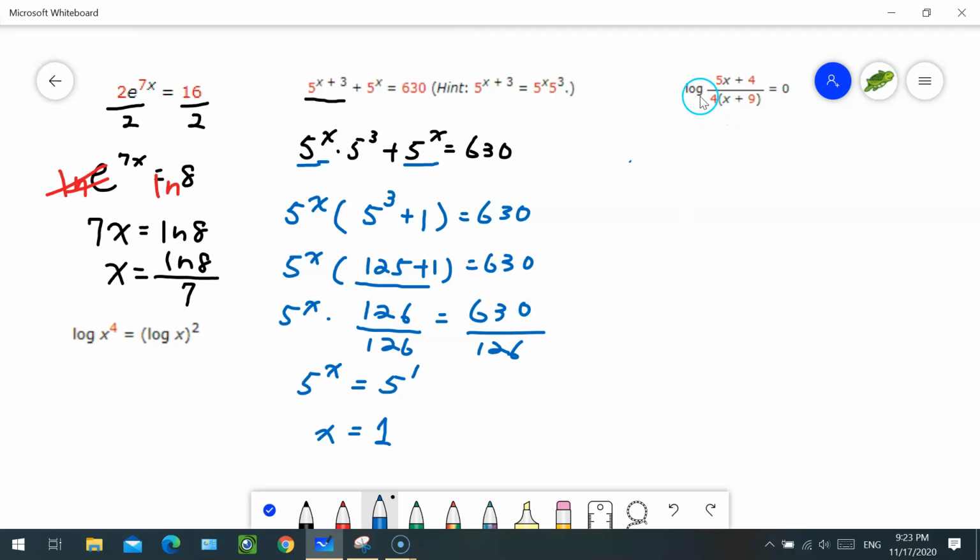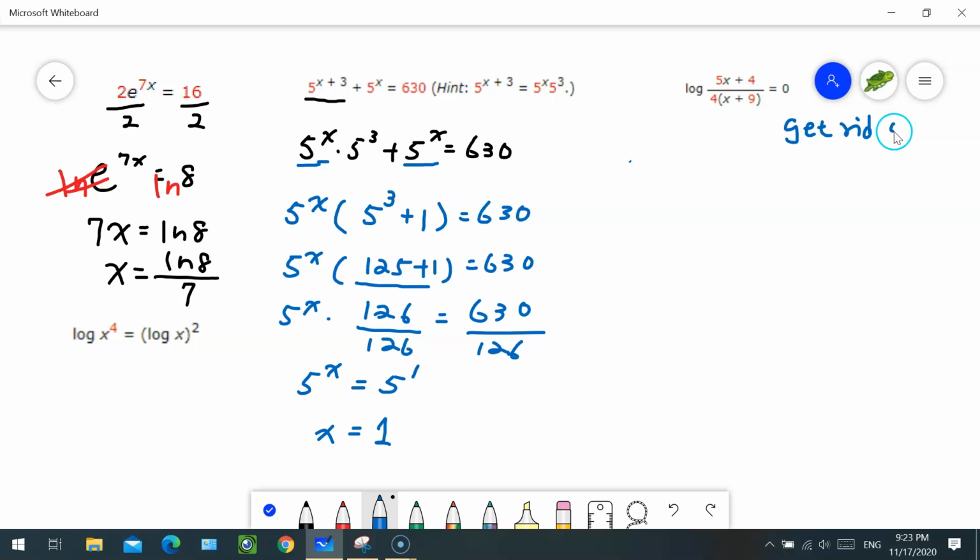Now this question, we have the log with the rational form here, log of 5x plus 4 over 4 times x plus 9 equals 0. When you have the equation only with the logarithm form on one side, in that case, we get rid of the logarithm.